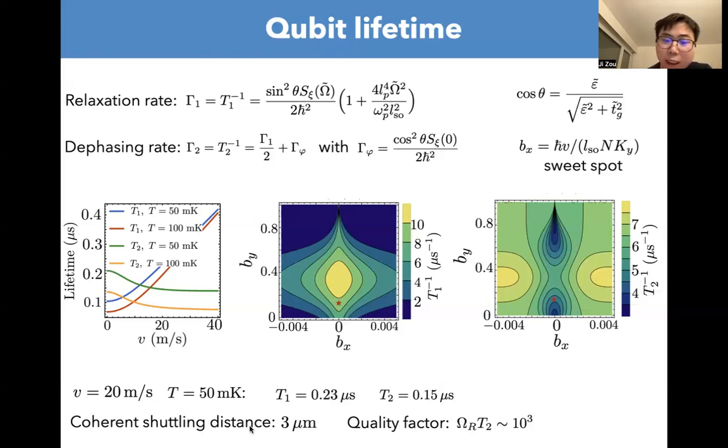So the coherent shuttling distance is about 3 micrometers. This coherent shuttling distance is basically the distance that this qubit can travel within its lifetime. And the quality factor we have is around 1000.